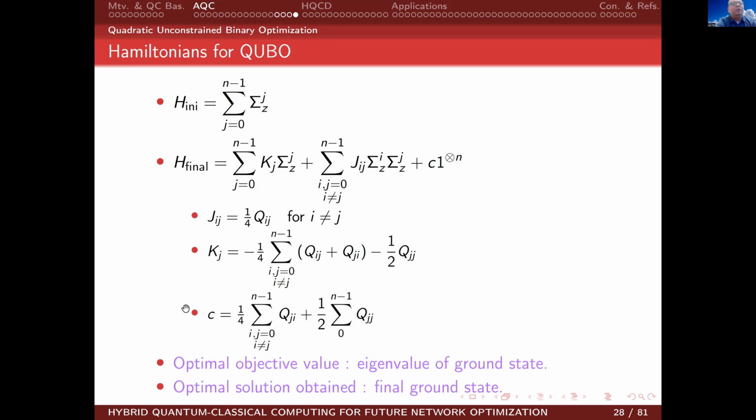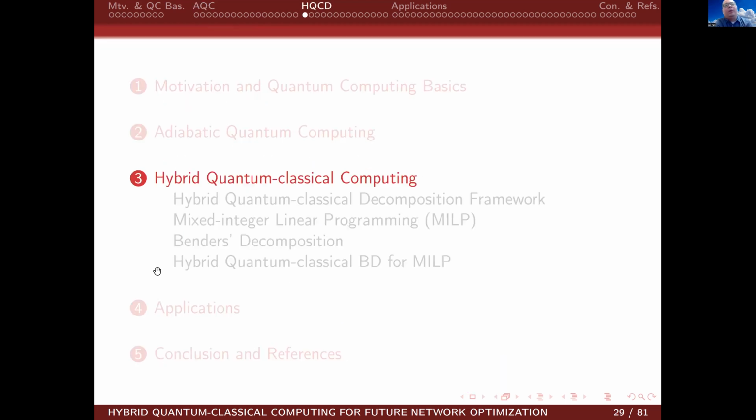We just measure or observe the system, and we can get the optimal solution. So this is the part of adiabatic quantum computing, the core part of quantum computing.